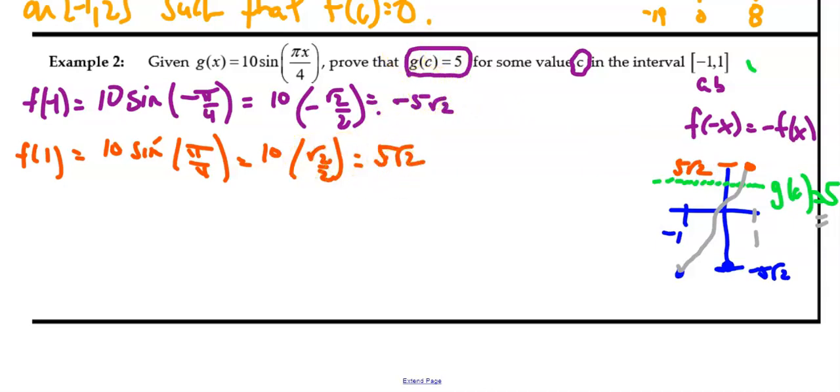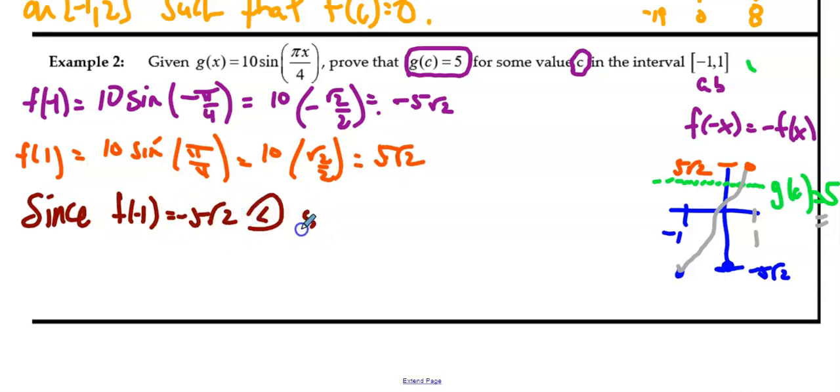So in our nice little song and dance that we have to do for our justification, we're going to name out, since now f of -1 is equal to negative 5 over 2, and that's less than 5, okay, so that's below this y value of 5, which is less than f of 1 is equal to 5 square root of 2, all right?